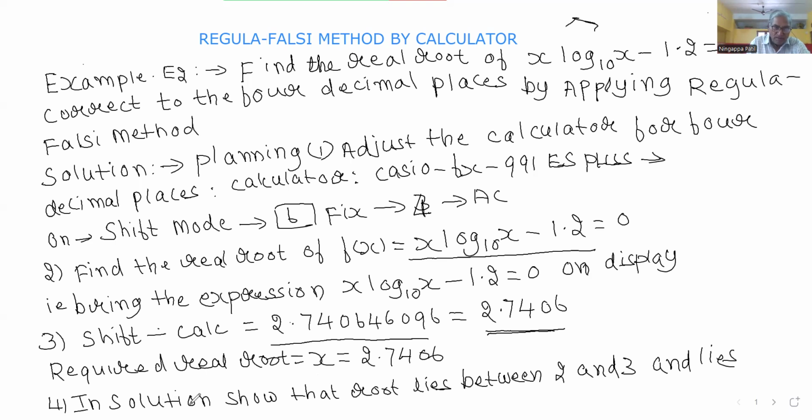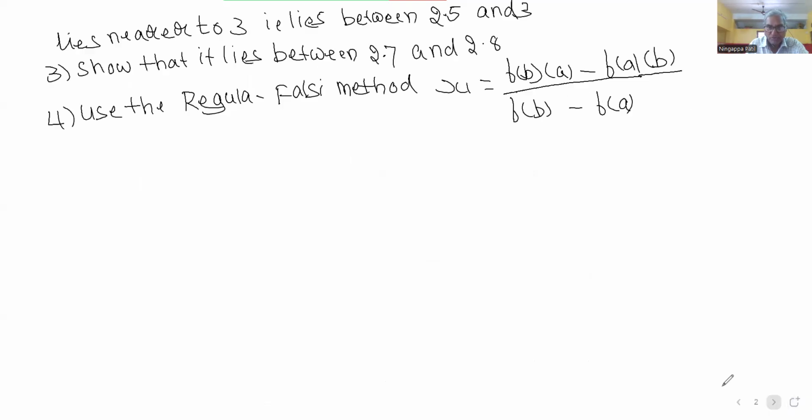Now we have to write the solution for the examiner. In the solution, show that the root 2.7 lies between 2 and 3, and lies nearer to 3. Nearer to 3 means the root lies between 2.5 and 3.